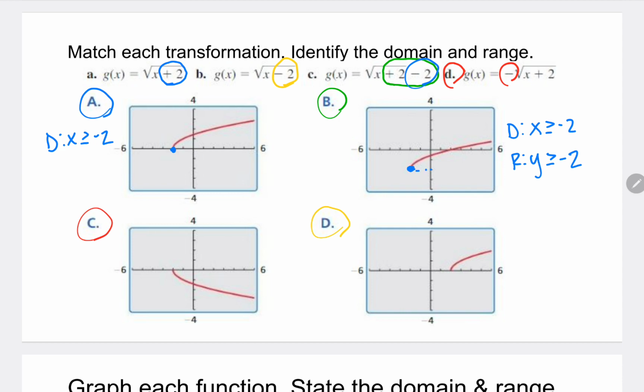For the C, this one's really affected because it's flipped upside down. So our domain is still x is greater than or equal to -2 because we moved it left 2. But because it's flipped upside down, our range is actually everything less than or equal to 0. And then last one, D, our domain is everything bigger than 2. Our range is everything bigger than 0. We can tell just by looking at it where that point is.